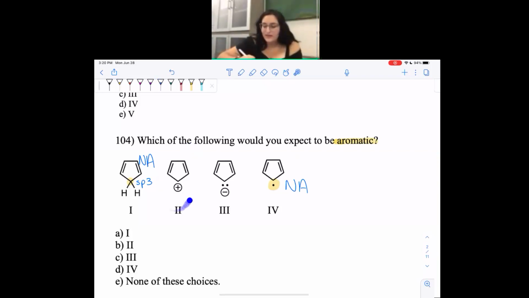So let's do the cation. We have 1, 2, 3, 4. And here we have 6 pi electrons. So we know this is anti-aromatic and this is aromatic.